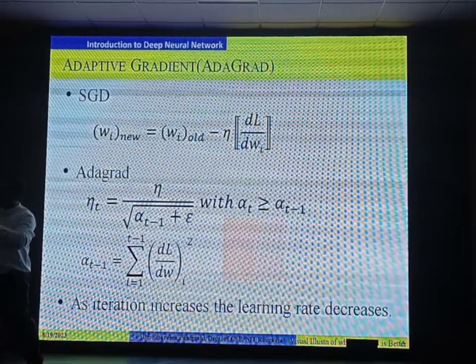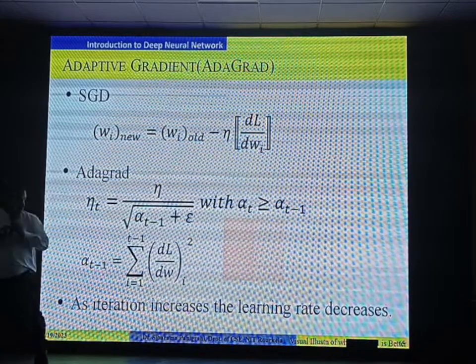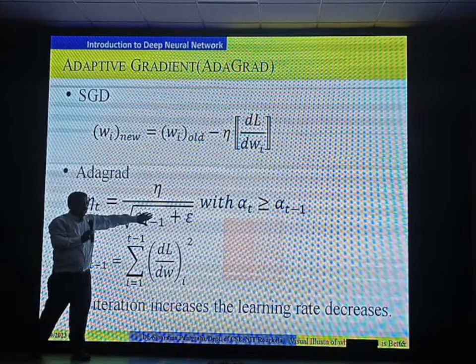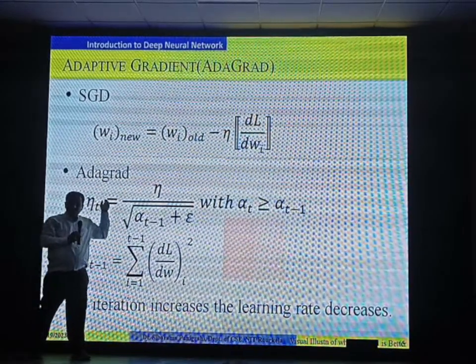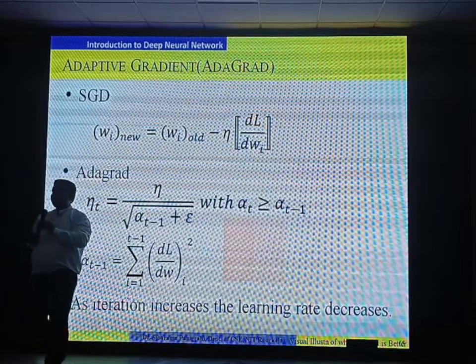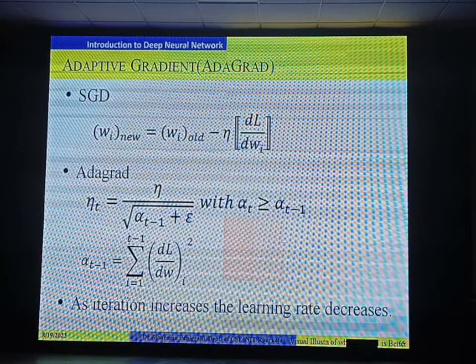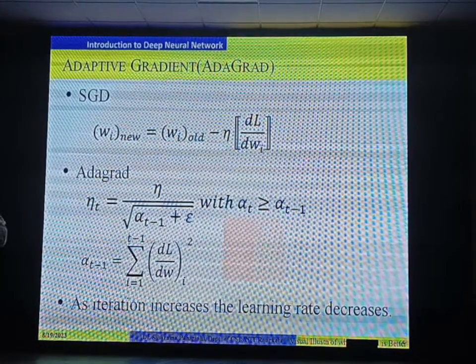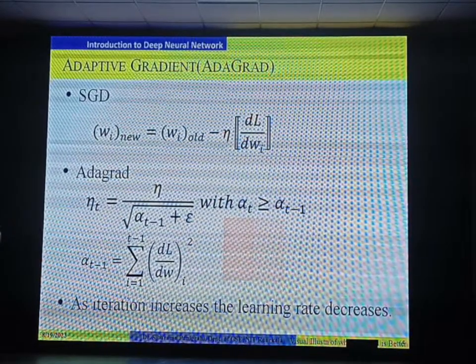For the 100th iteration, it will be the summation of 1 to 99. So it will always increase, and the learning rate will always decrease. But what is the problem? For a higher number of iterations, the learning rate may tend to 0. So if the learning rate tends to 0, eta into dou L by dou W will tend to 0.